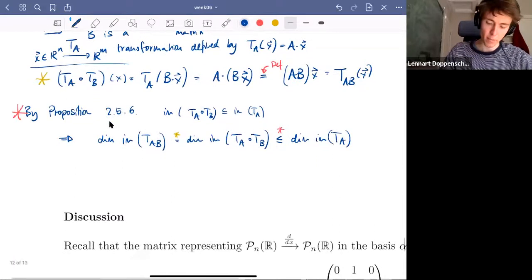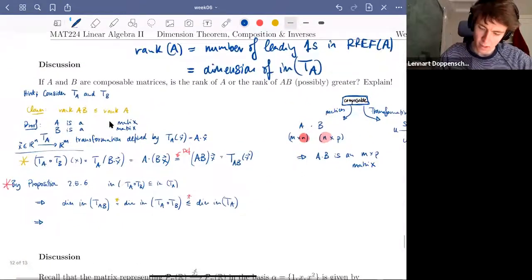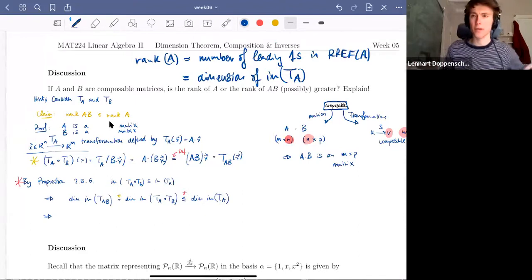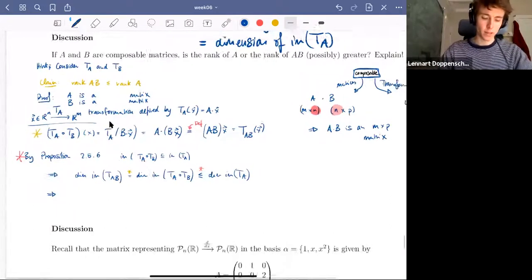But I also know that the dimension of the image of a transformation is exactly the rank of its matrix. This is the thing that I wrote on top, and I'm wondering whether I should have gone through this before, or whether you have questions, but then just let me know and we can discuss this.